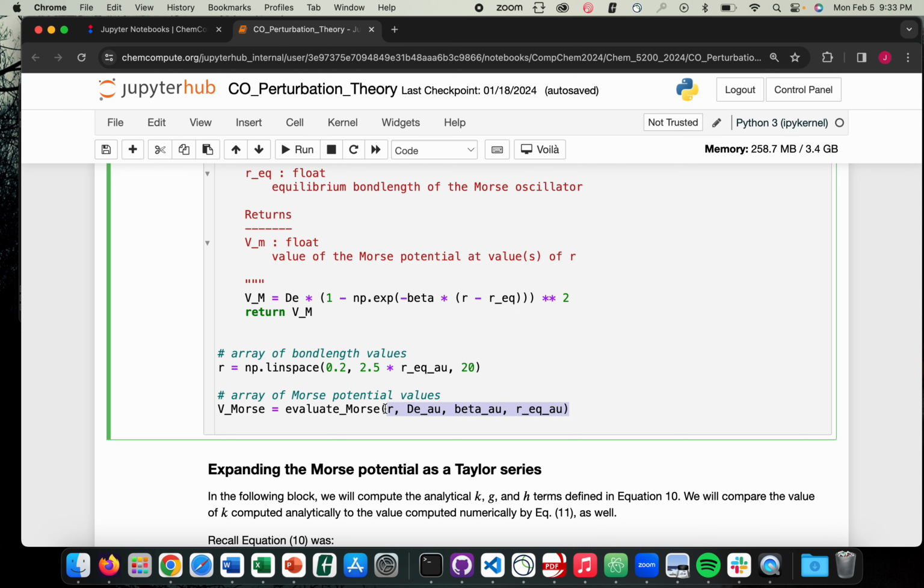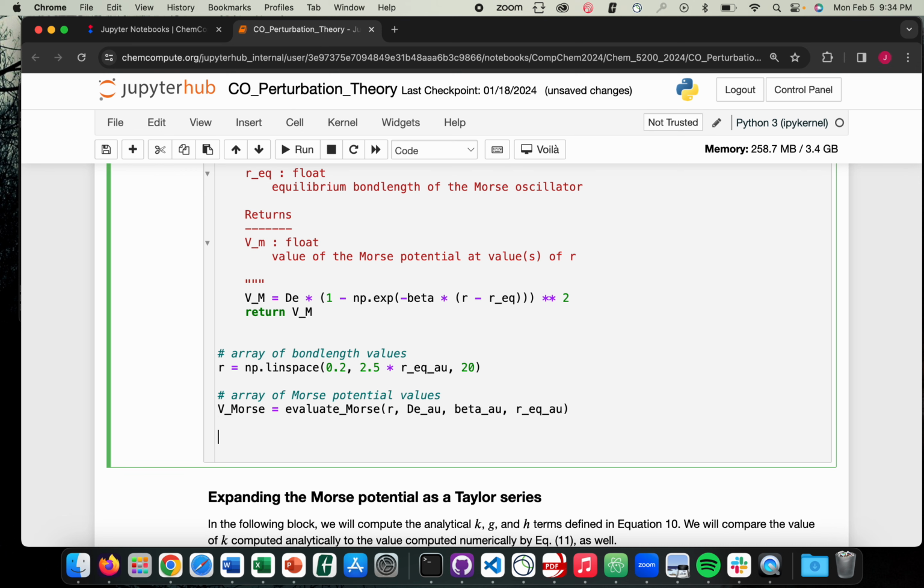So every argument to this function has been put into atomic units, and so overall then the Morse potential itself will be in atomic units. And I'm just going to go ahead and add a plot statement so we can see the Morse potential.